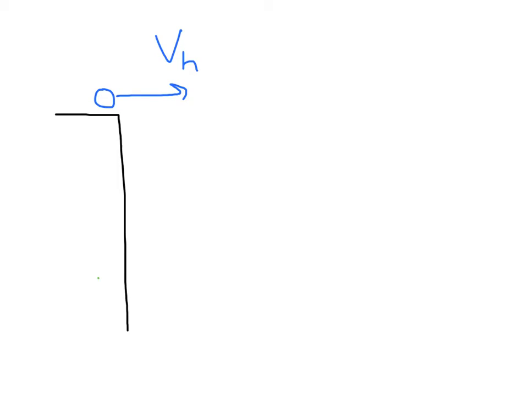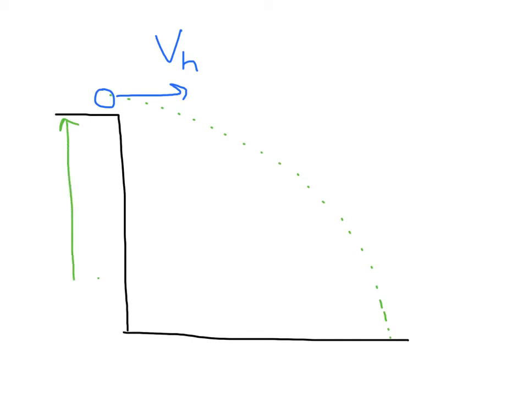We know that it's going to, so if we imagine that we've got the ground along here, it's going to follow some type of parabolic path like this as it falls. So if we want to figure out the time to fall, let's look at this equation. So let's just say that this is up some given distance. So I'll call this my distance to fall.